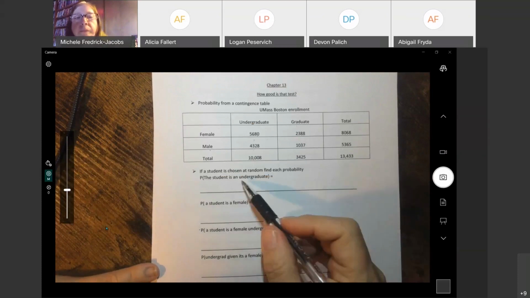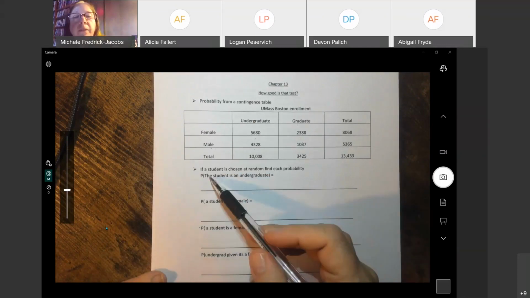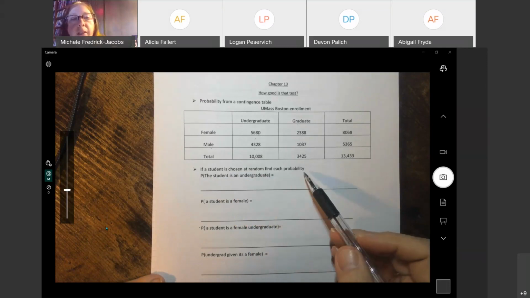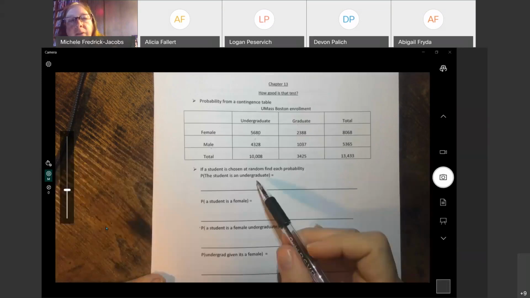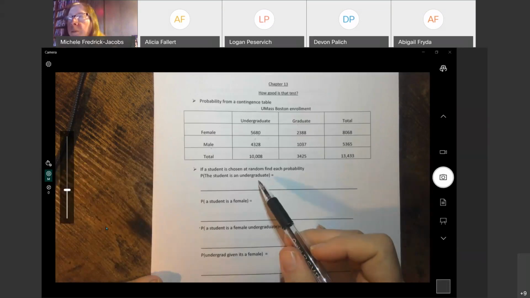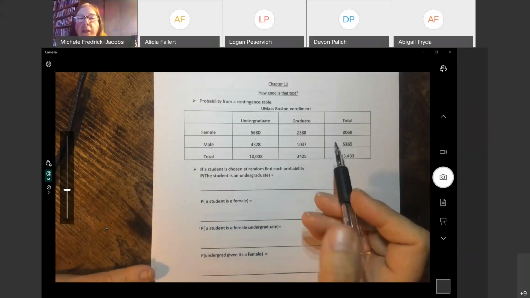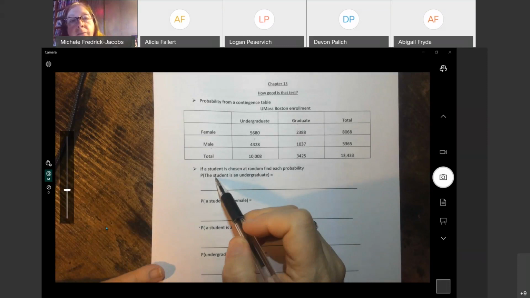Okay. And we'll do probabilities with these. If a student is chosen at random, find each probability. Probability of the student is an undergraduate. Remember, to find probabilities, it's the part, the undergraduate, divided by the total, in this case, the student.